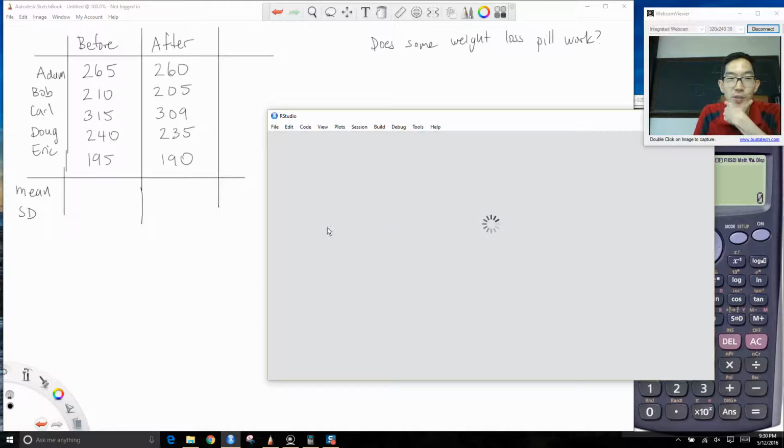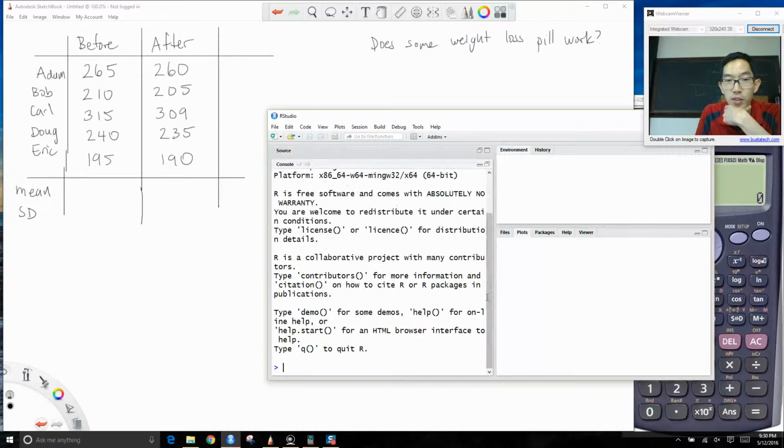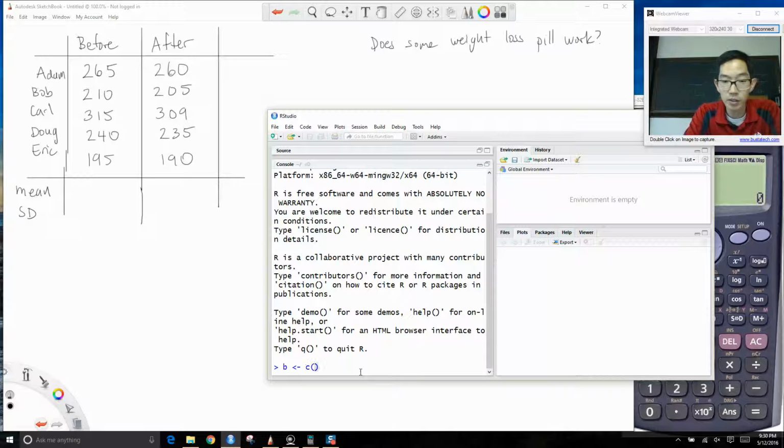So I'm going to calculate the mean and standard deviation of these values as soon as my R boots up. Okay, so the before will be 265, 210, 315, 240, and 195.